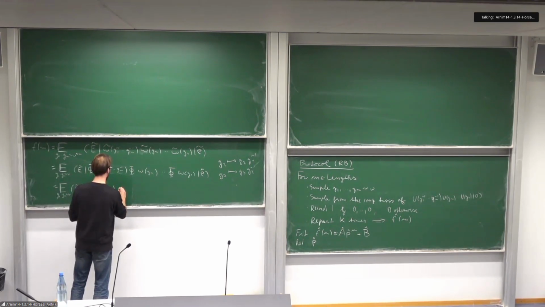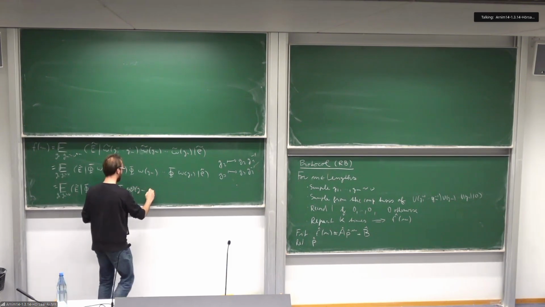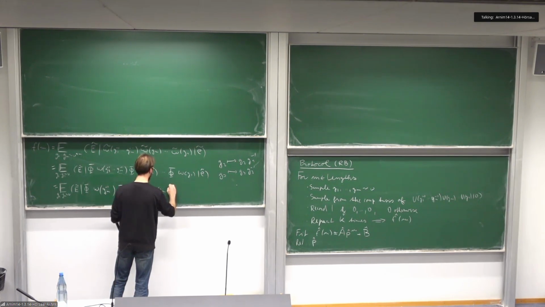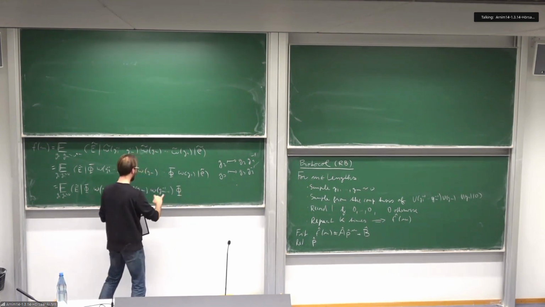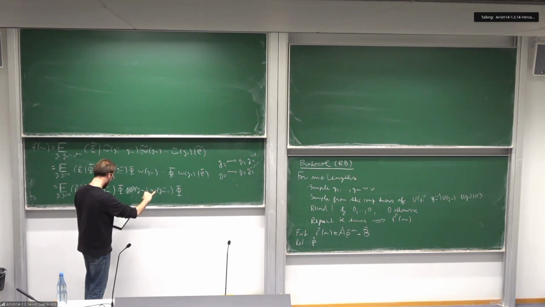Then I will have my error channel again. I'll have omega of GM. Then I'll have omega of GM minus 1 inverse. Then I'll have my error channel. The reason why this is the case, is that the case? Yeah, that should be.